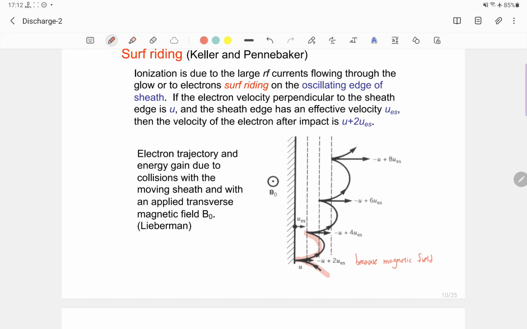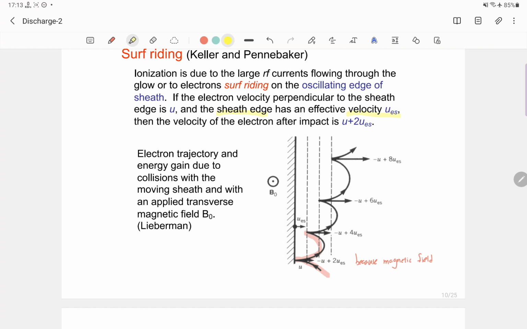So if the sheath edge moves back and forth like this, the velocity is u sub es. Okay? So when the electron collides with the moving sheath, it will be reflected back, and the velocity of the electron will become minus u plus 2 times u es.